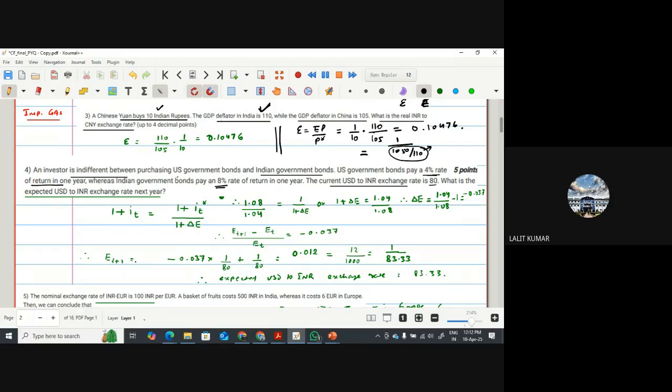So we use the formula 1 plus iT is equal to 1 plus iT star divided by 1 plus delta E. So from here we get 1 plus iT divided by 1 plus iT star. This term is equal to 1 plus delta E, and we get delta E is equal to minus 0.037. Using this into the ET plus 1 formula we can get the ET.